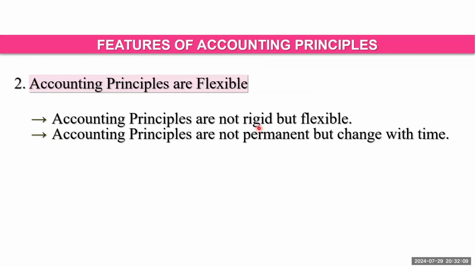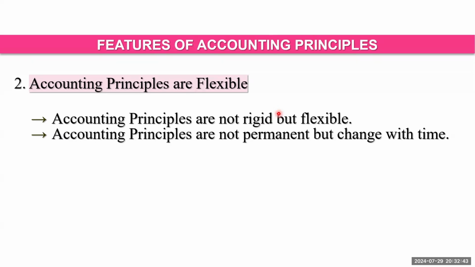The rules can be changed according to our convenience, our necessity. You might have heard about the methods of providing depreciation. There are two methods of providing depreciation: written down value method and straight line method. Suppose one accountant considers that the straight line method is suitable for his enterprise.